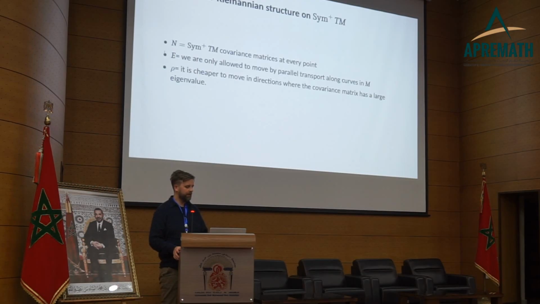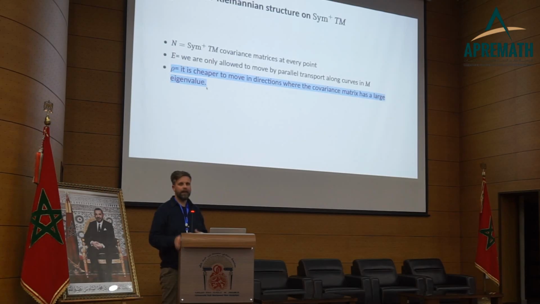What are the permitted directions? Well, the permitted directions are only parallel transport in this geometry. So I'm allowed to change from one covariance to another as long as I do it by parallel transporting. So I cannot just make one of the eigenvalues longer or rotate it in place somehow. I have to do it by parallel transporting it along a certain curve.